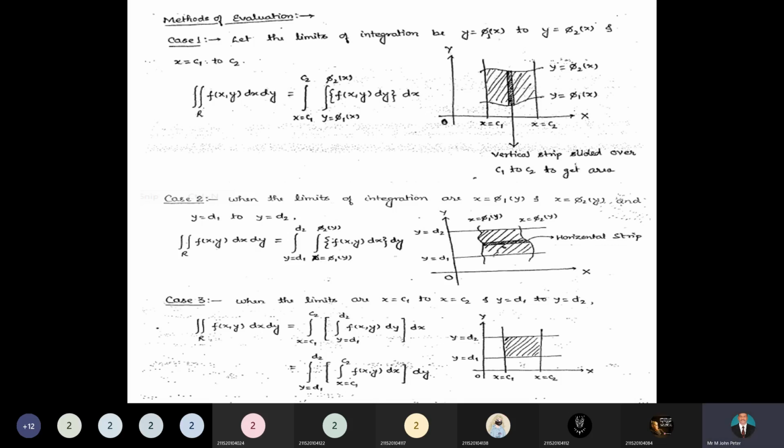Now, in the limits of the integration, what is that? Okay, so in case 2, the x limit is a function limit and the y limit is a constant limit.